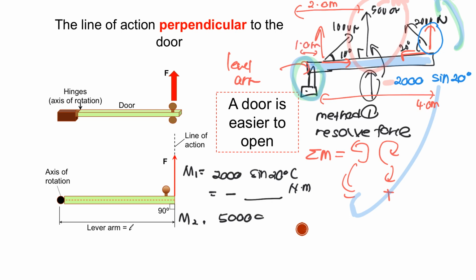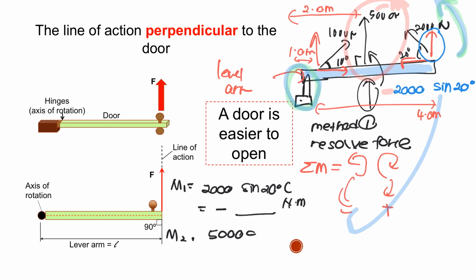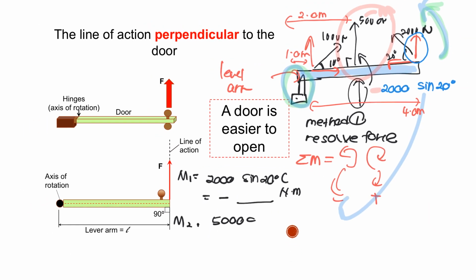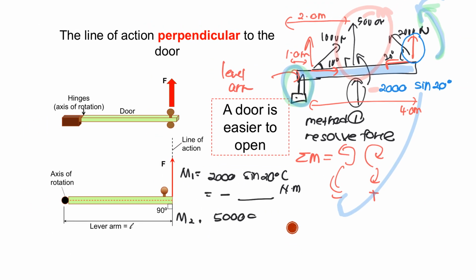This is an example only. So for 2,000 sine 20, you need to multiply by 4. So you are going to get 2,000 sine 20 times 4, which is 2736.